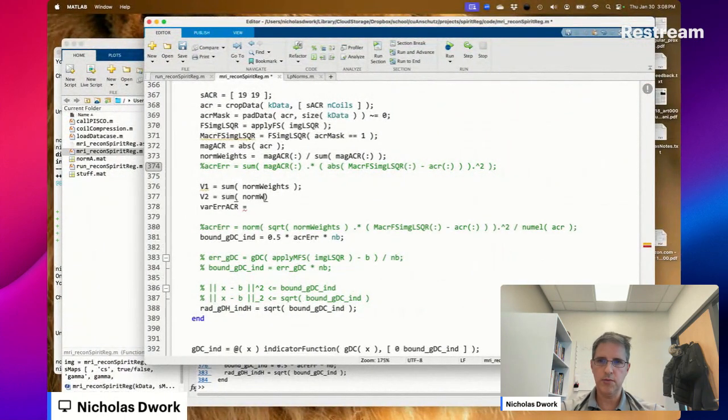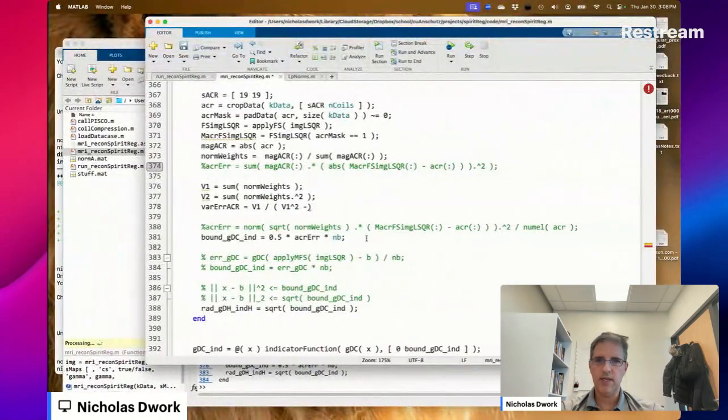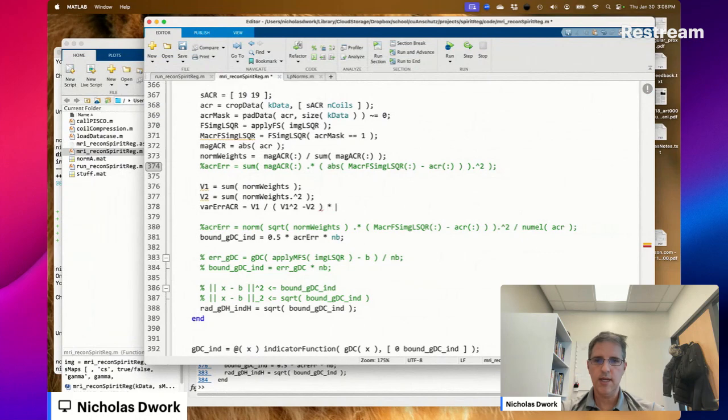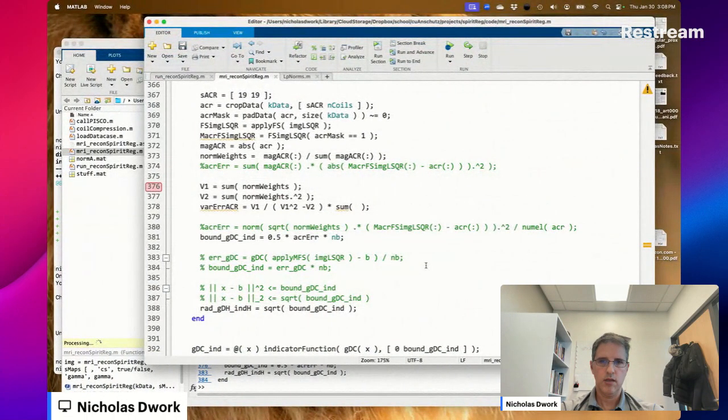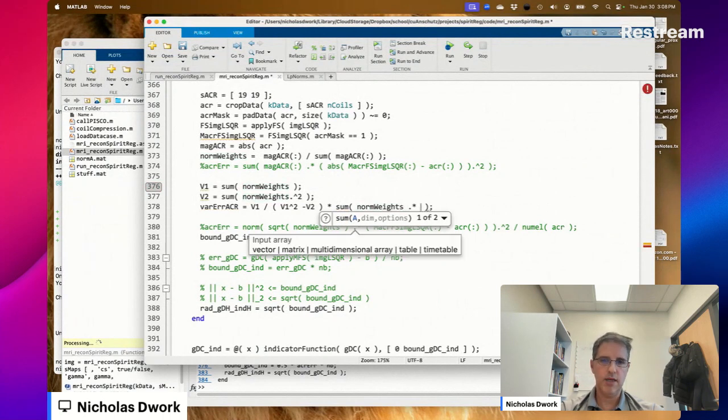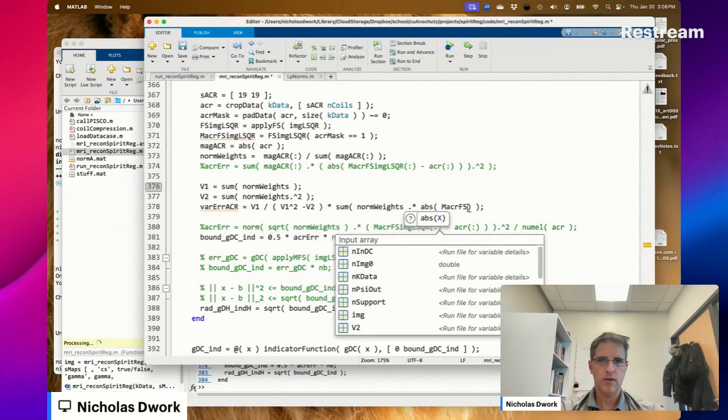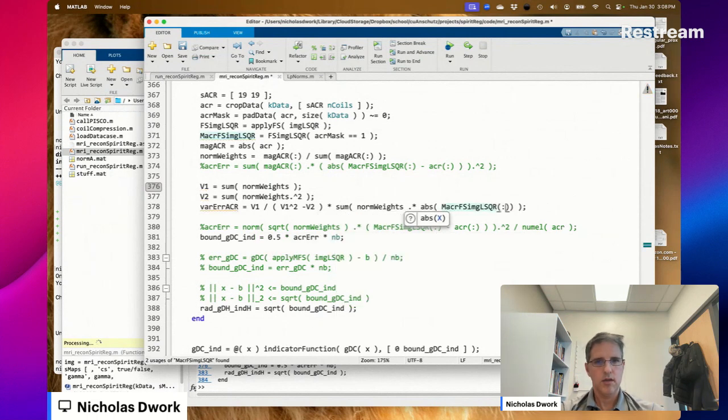V2 is equal to the sum of the norm weights squared. V1 divided by V1 squared minus V2, times the sum of what? The weights times the value minus the mean squared. Norm weights times the values minus the mean squared.